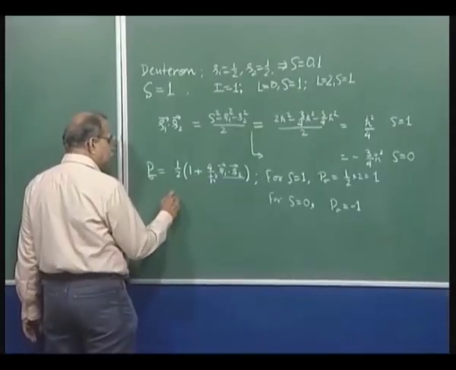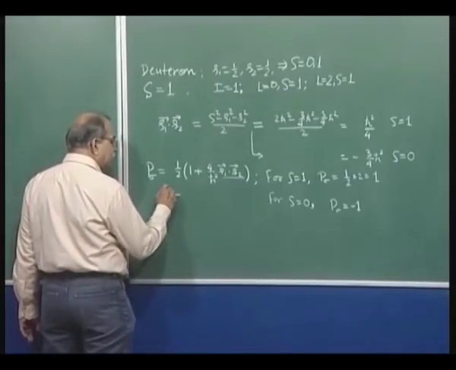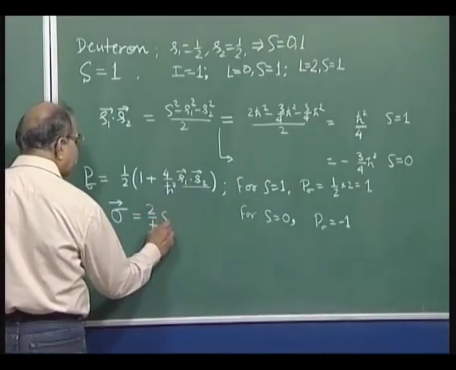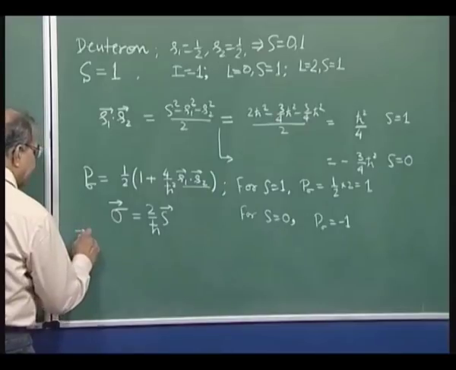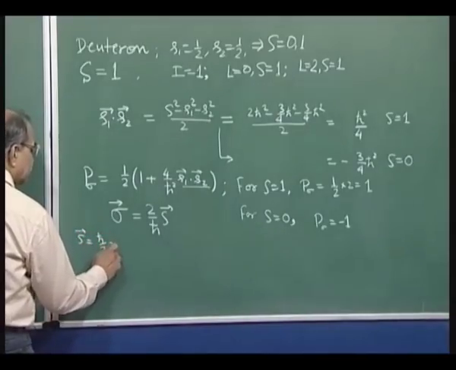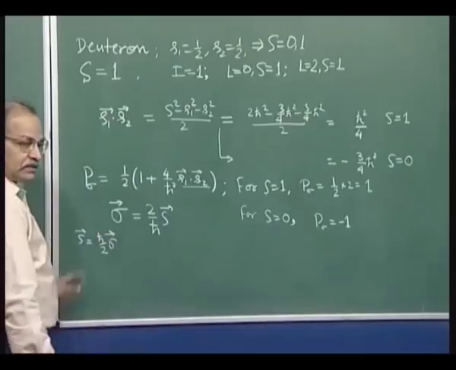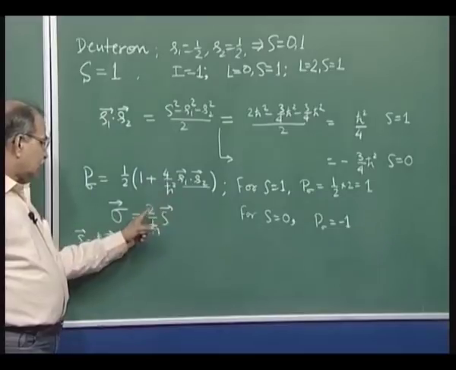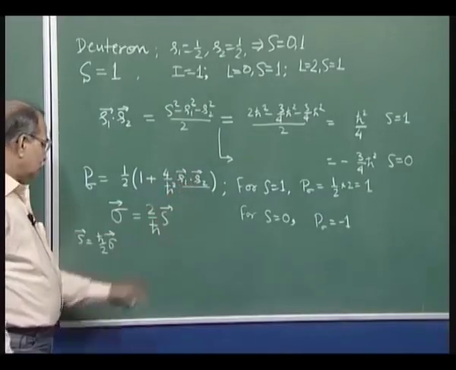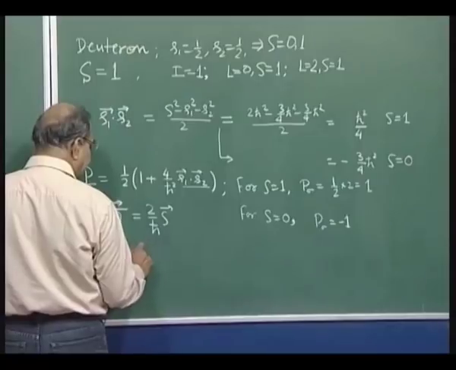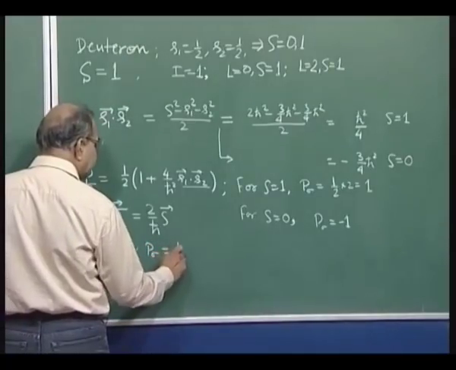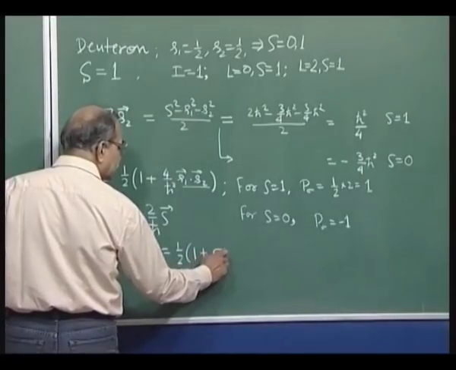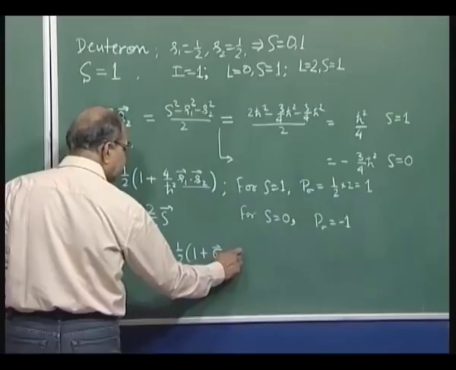So, and then you also know this Pauli spin operator. Sigma, S is written as h cross by 2 times sigma, just a scale change, right. So, if you do that, this becomes 4 by h cross square. So, 2 by h cross you put here, 2 by h cross you put here, and therefore, this P sigma in terms of the Pauli spin operators is called 1 plus sigma 1 dot sigma 2.